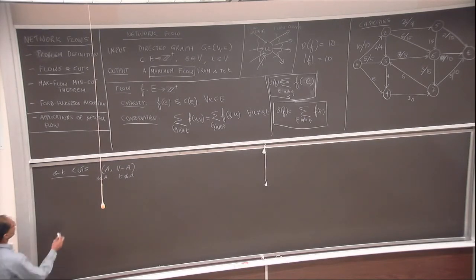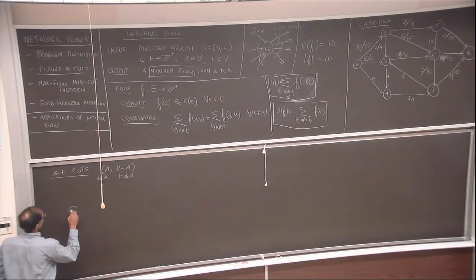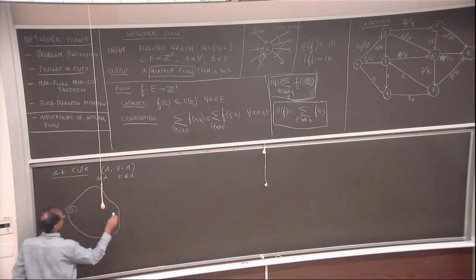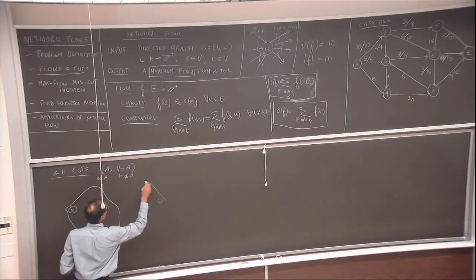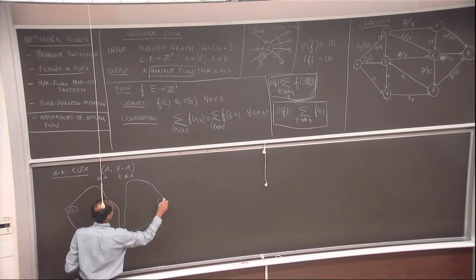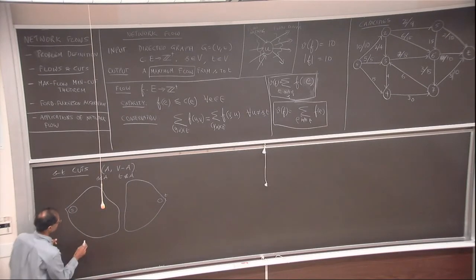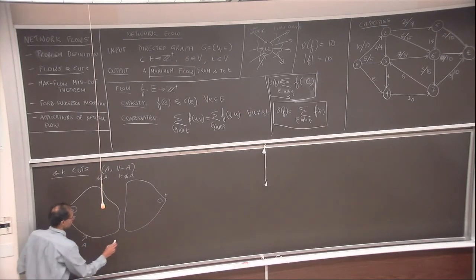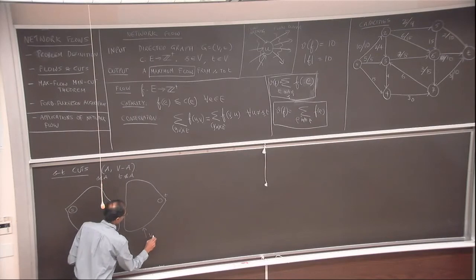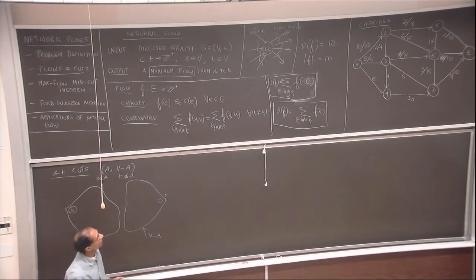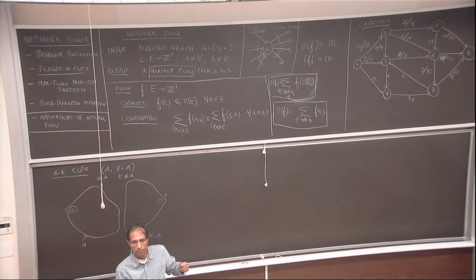So you have S, and you have all the vertices here. These are the vertices in A, and these are the vertices in B minus A. Okay. Can you give an example of a cut there?